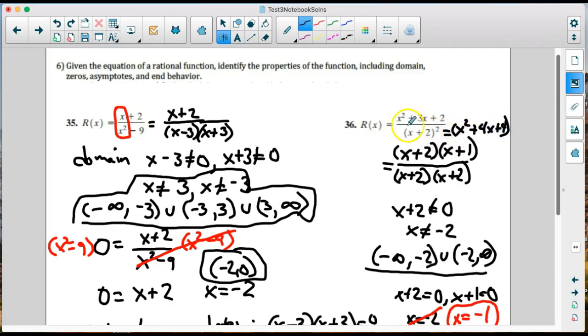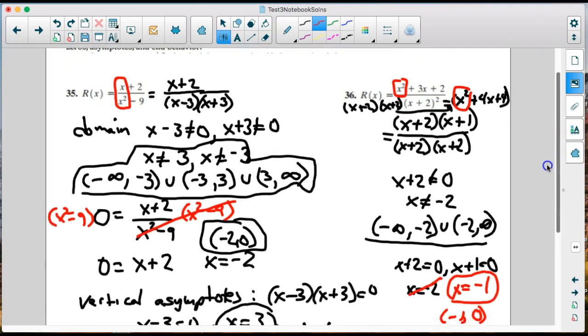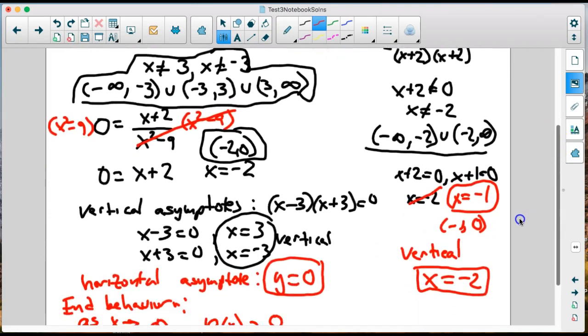If we do FOIL on x plus 2 times x plus 2, we would get this denominator. That means the exponents on the lead terms of the numerator and denominator are the same. And if they are, we divide those two to find the horizontal asymptote.